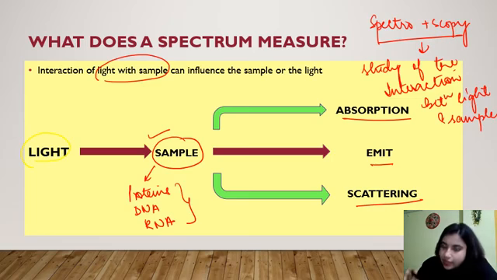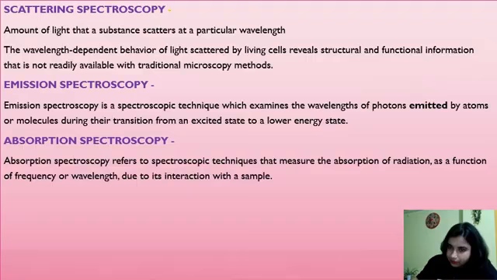Out of these three, it performs only one or two. So that is what we call spectroscopy. These are the changes that basically take place whenever the light interacts with any sample.